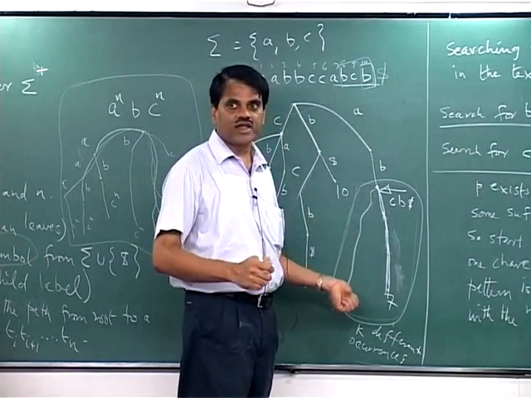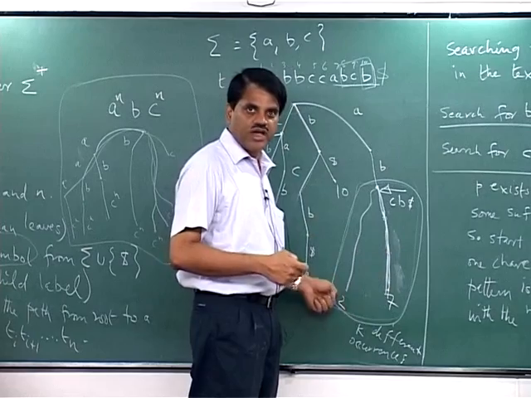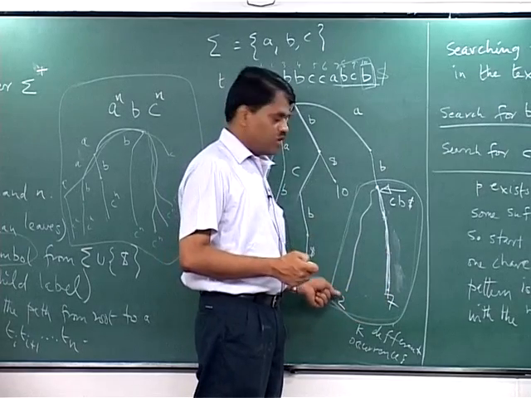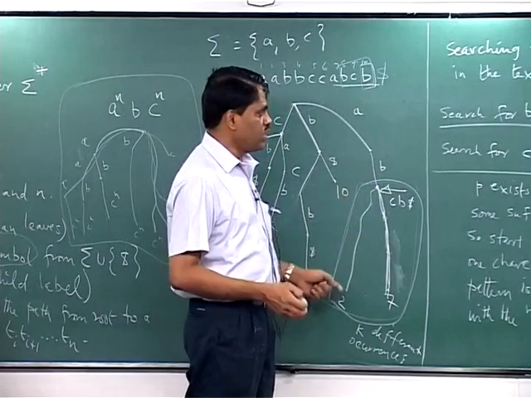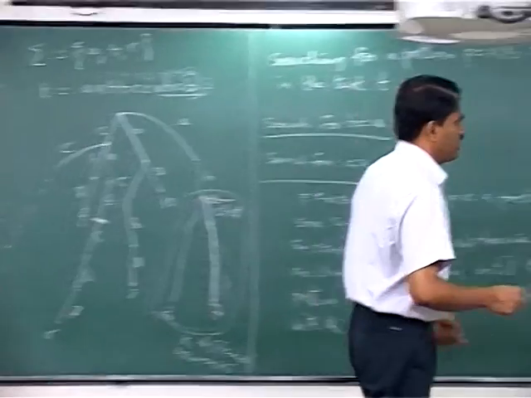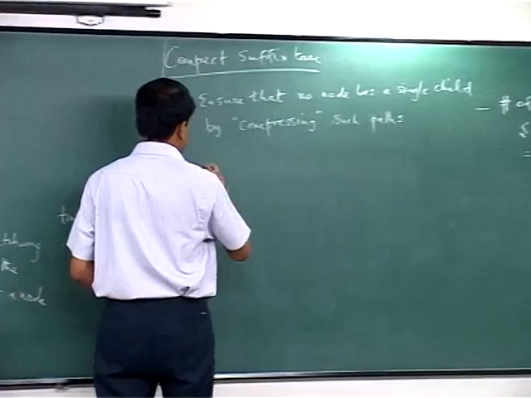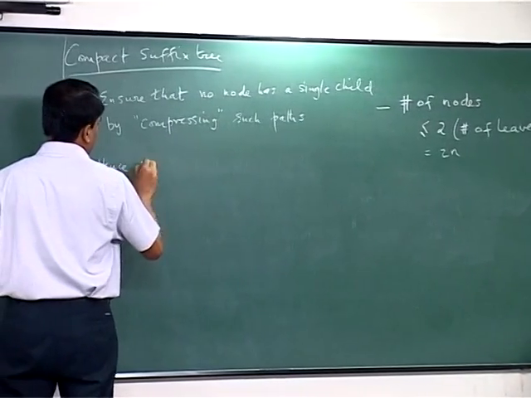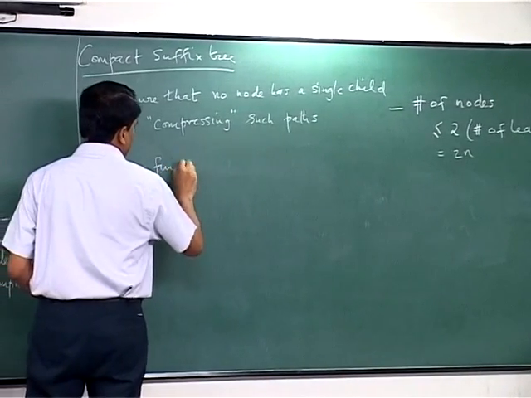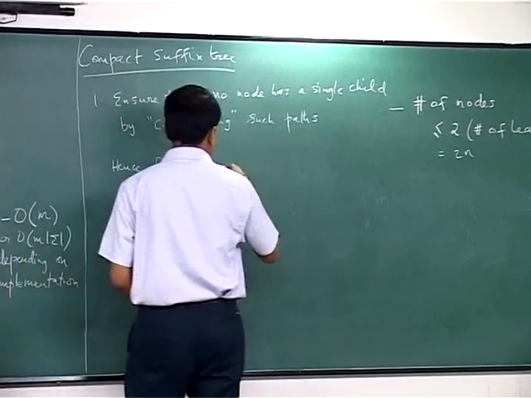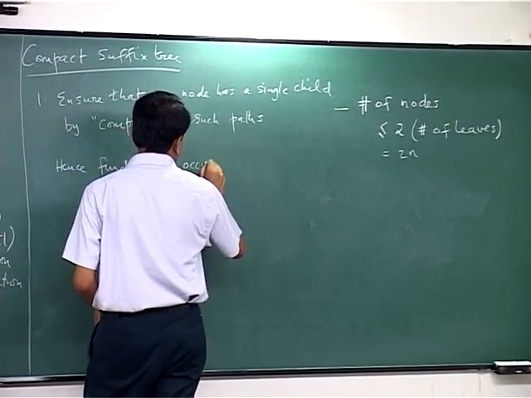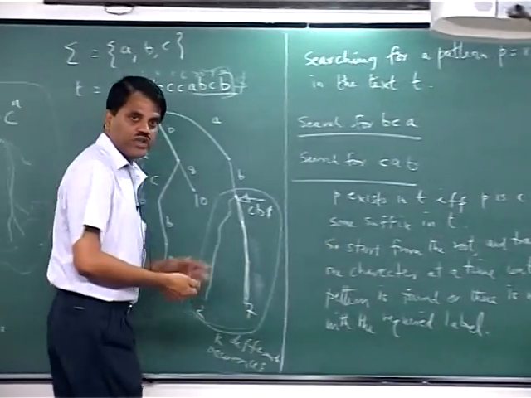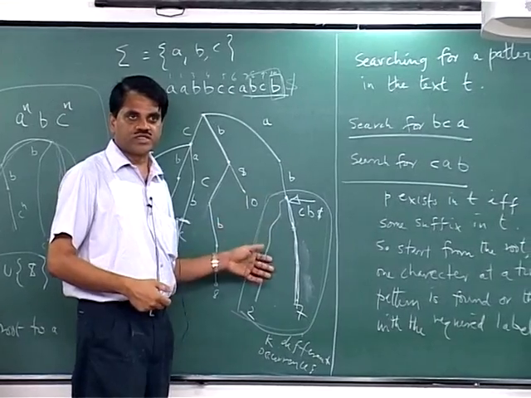But you can say something tighter, and that is that if the number of occurrences is k, then the time you spend is order k. Okay, so let me capture this. Hence, finding all occurrences of a pattern, because at this point you will start checking with the edge labels and so on. I don't care, right? You're not doing any comparisons.